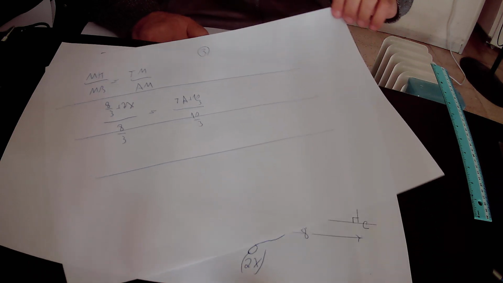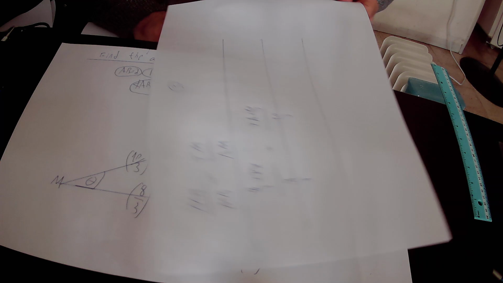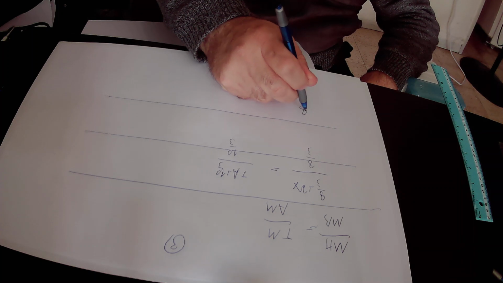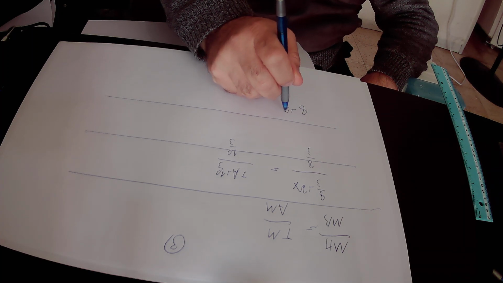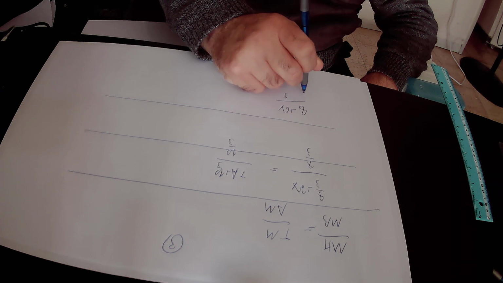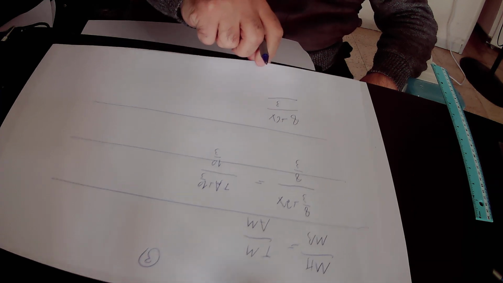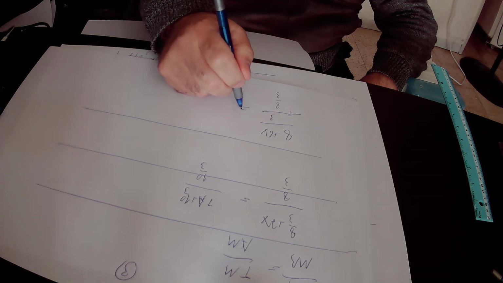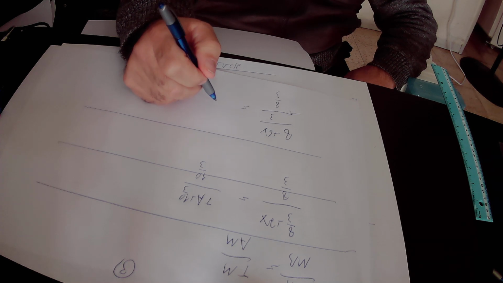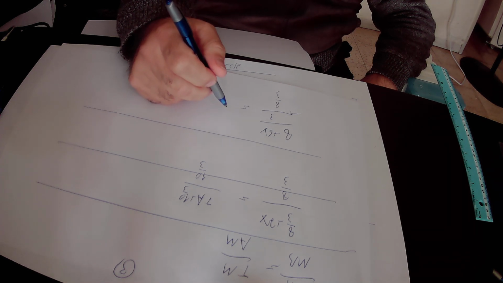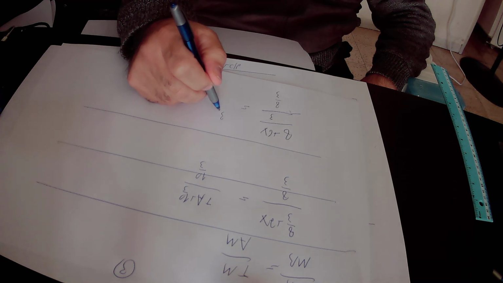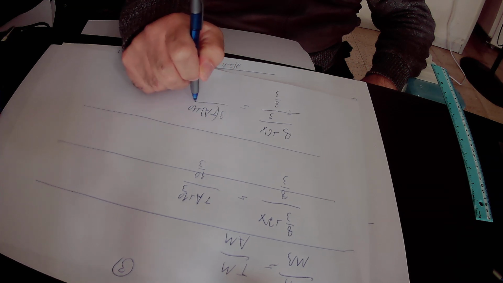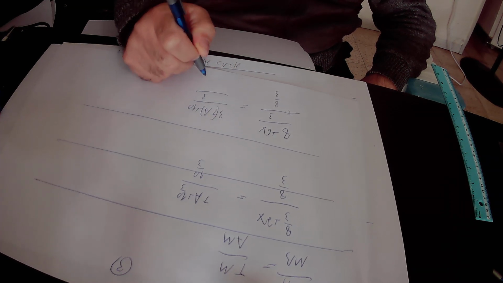We'll do it now and we'll get that 8 plus 2x times 3, which is 6x, over 3, over 8 over 3, equals TA times 3, which is 3TA, plus 10 over 3, over 10 over 3.